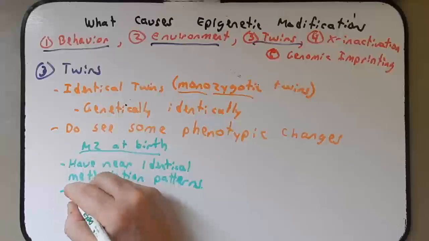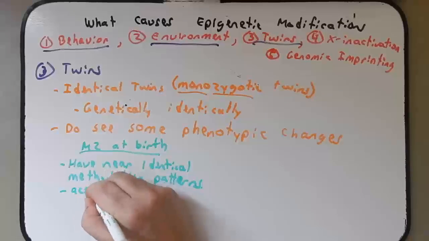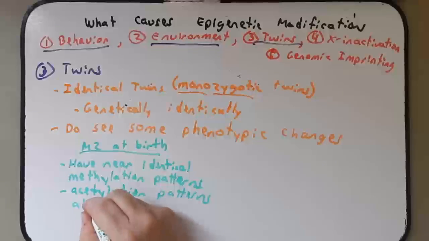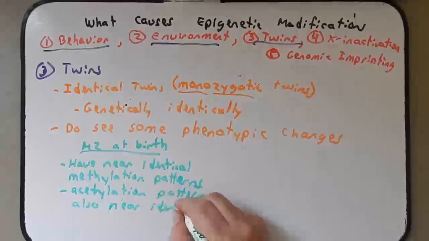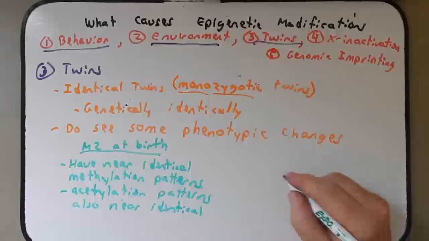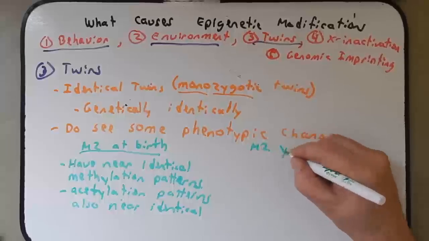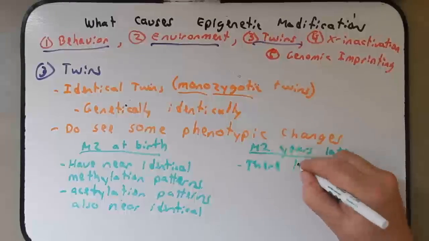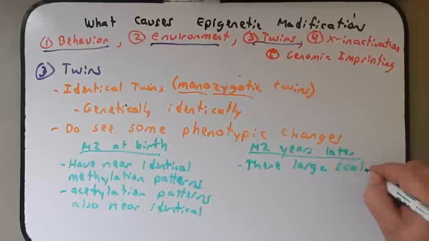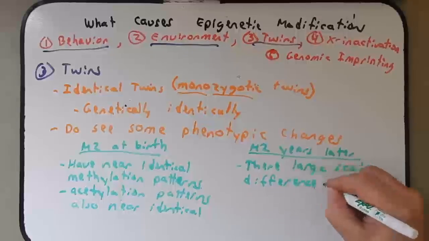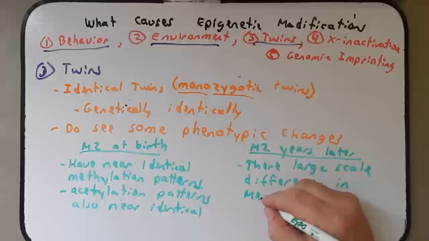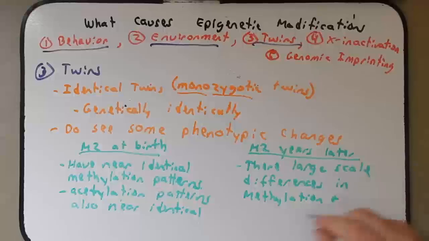In addition, their acetylation patterns also near identical. Now, if you take these same monozygotic twins and look at them years later, there are large scale differences in methylation of the DNA and acetylation.